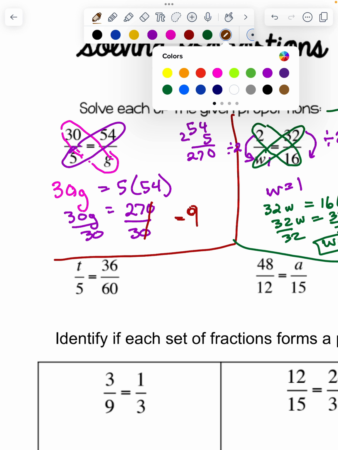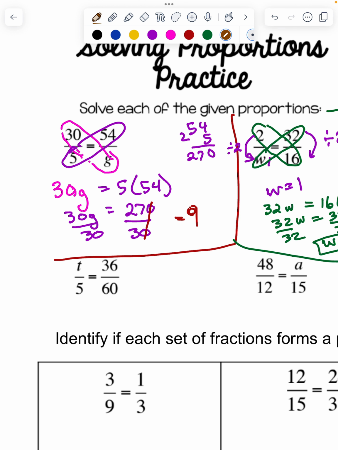I can see a relationship on this one, and I can go from here to here is divide by 12. Then I can divide by 12 here, and 36 divided by 12 is 3.